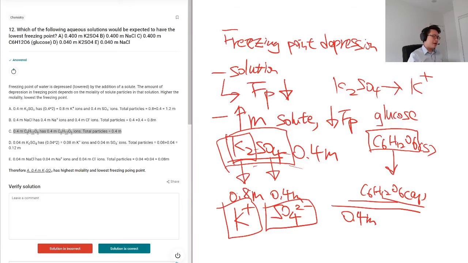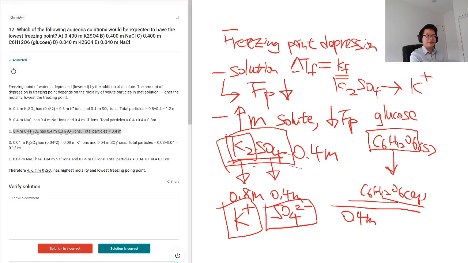We have already calculated the actual concentration of particles in the different solutions. The next step is to find out which one has the highest, and this should give the highest freezing point depression. If you look at the freezing point depression equation, delta T equals a constant, which I would call the freezing point depression constant.